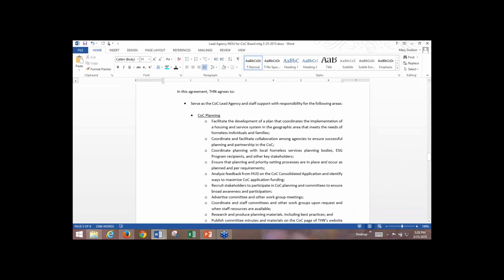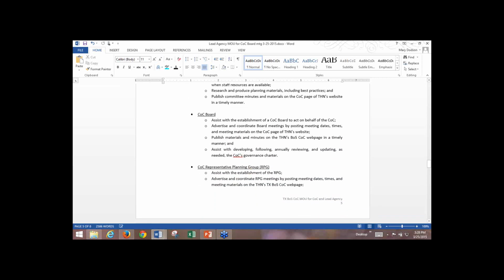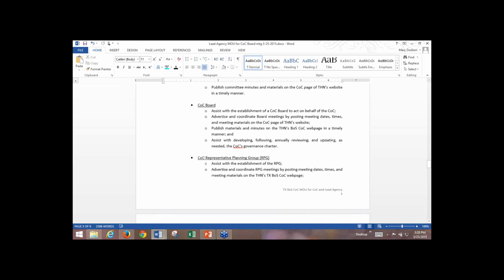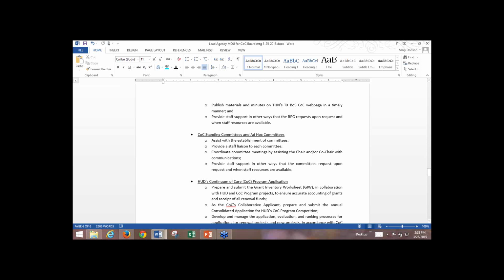And then here is the section that says what THN agrees to do, which is in general to serve as the lead agency and staff support. And we have all these duties related to COC planning, to assisting the COC board and the coalition representative group. Again, we've just tried to outline everything that we as a lead agency would be able to help the COC with and have both boards agree on it.